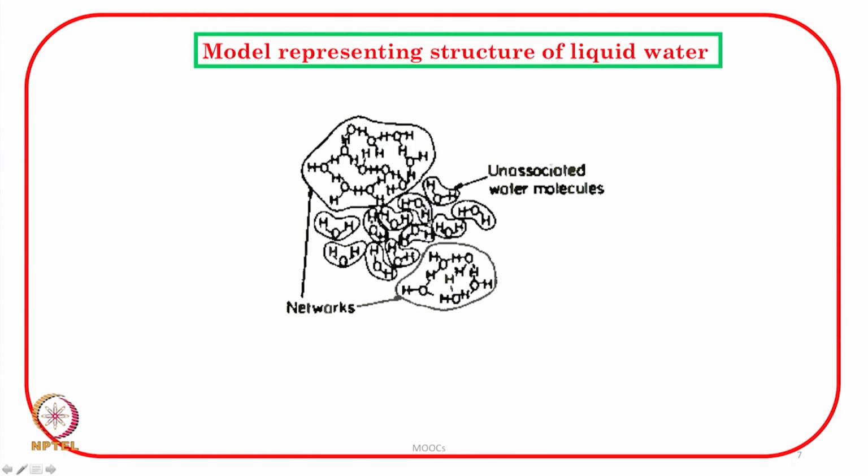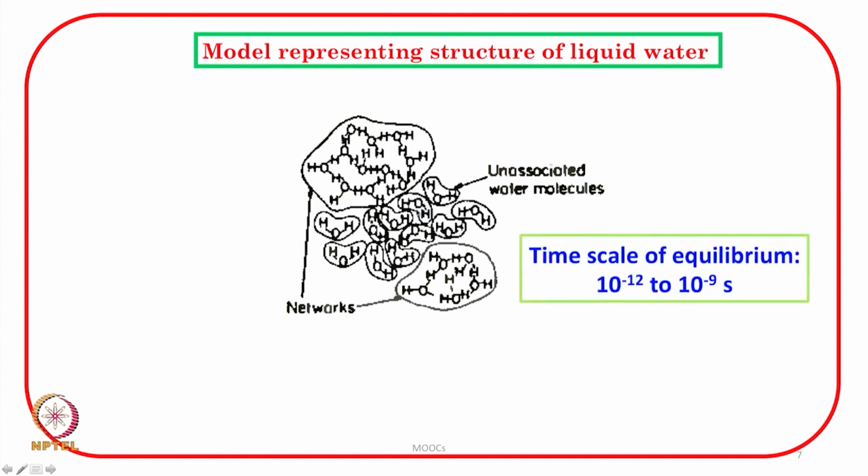and there is an equilibrium between these monomers and the tetrahedral network. There is a fast equilibrium. At any instant, this water molecule may be a monomeric water molecule, and at the next instant it may become a part of the regular tetrahedral network.